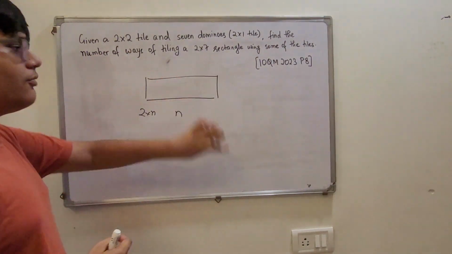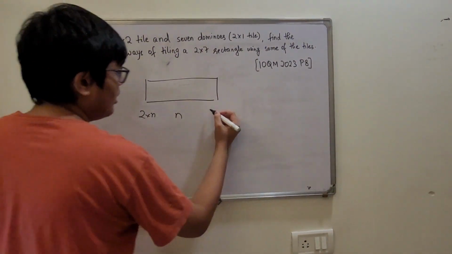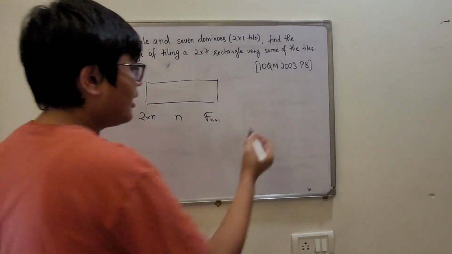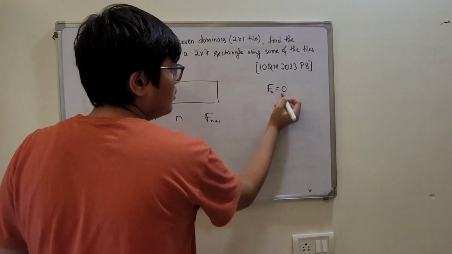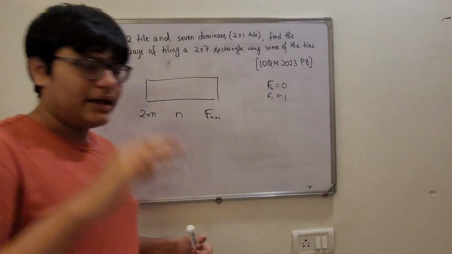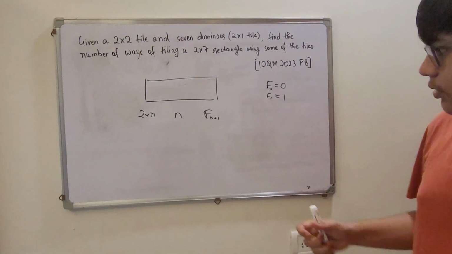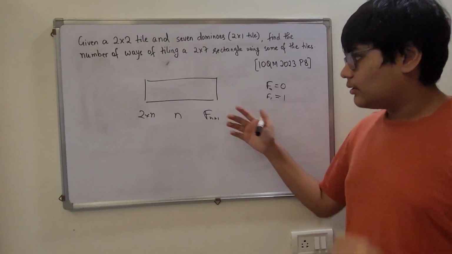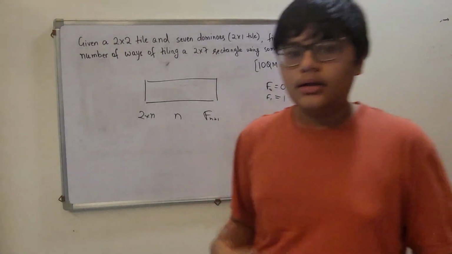So the number of ways of tiling it is precisely f of n plus 1, where f is the Fibonacci series, where I am taking f of 0 to be 0, f of 1 to be 1, and so on: 0, 1, 1, 2, 3, right? Okay, so f of n plus 1 is the number of ways of tiling it.